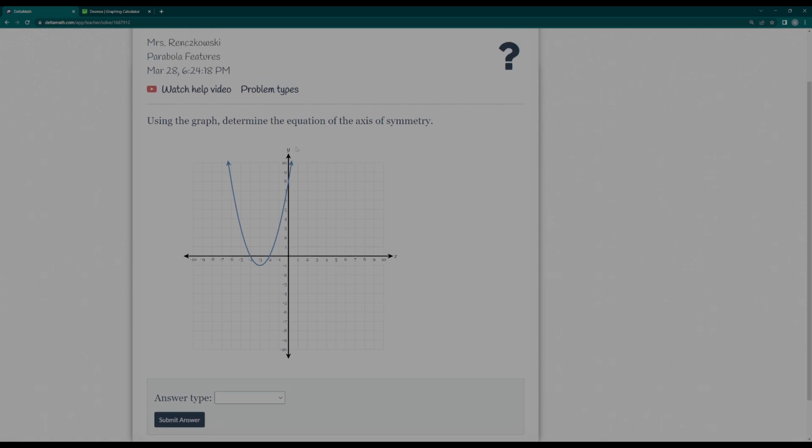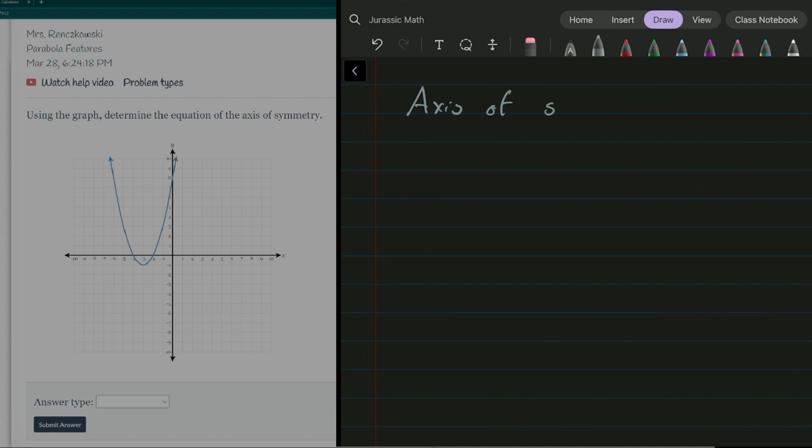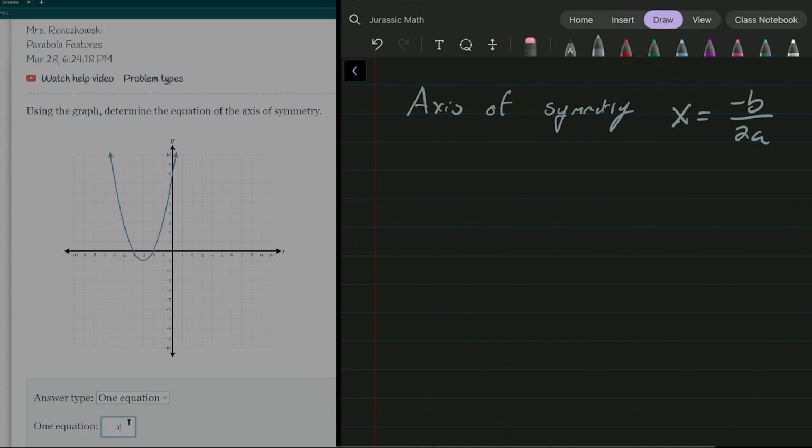So here we go again. This time, let me switch over to my iPad for a second. So we have axis of symmetry as our first one. Now we need to remember that's x equals negative b over 2a. So on this problem, since it's asking us to determine the axis of symmetry, that means it's going to be an equation where we have x equals, and axis of symmetry is where you could split it in half.